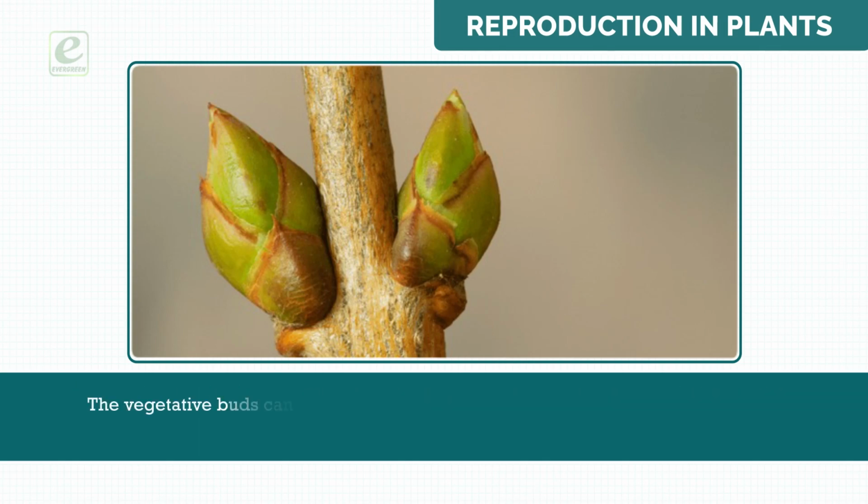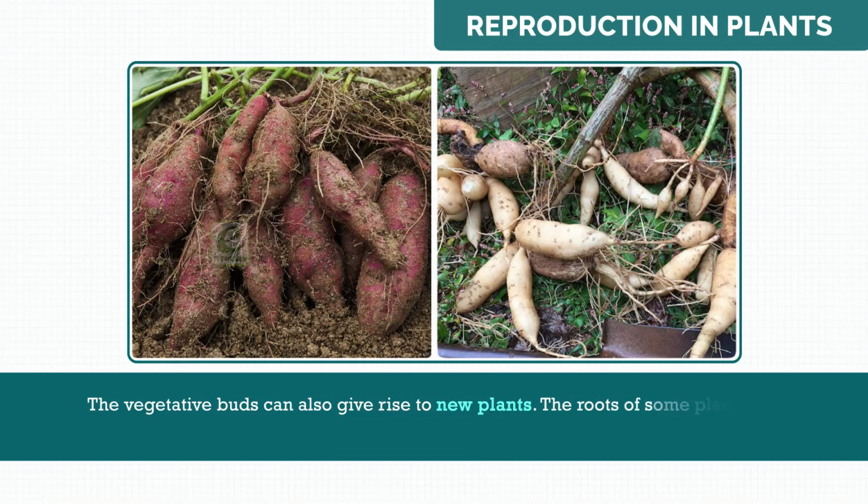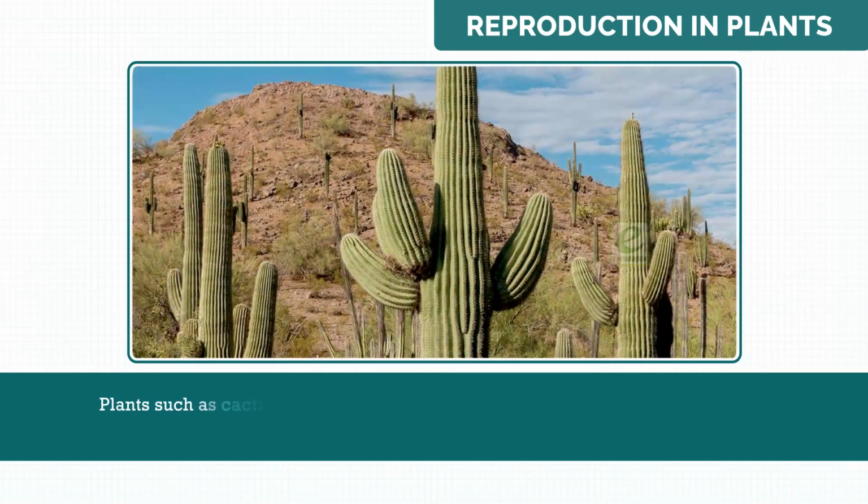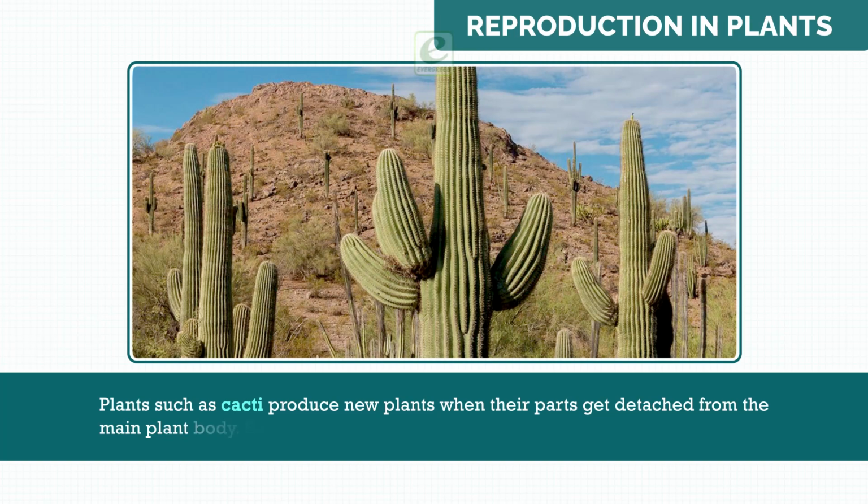The vegetative buds can also give rise to new plants. The roots of some plants can also give rise to new plants like sweet potato and dahlia. Plants such as cacti produce new plants when their parts get detached from the main plant body. Each detached part can grow into a new plant.